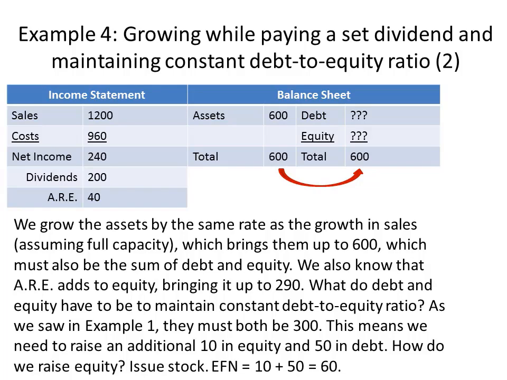So we have 290 after addition to retained earnings. We need to raise an additional 10 in external equity. We would do that by issuing stock. As far as debt goes, we need to raise 50 to take it from 250 up to 300. And so our external financing needed in this case is actually 60, 10 in equity and 50 in debt.